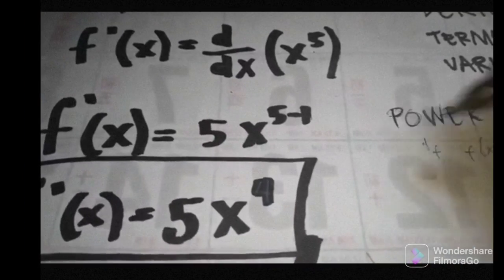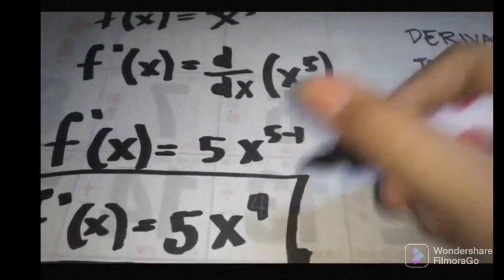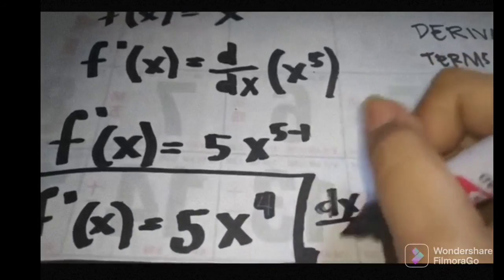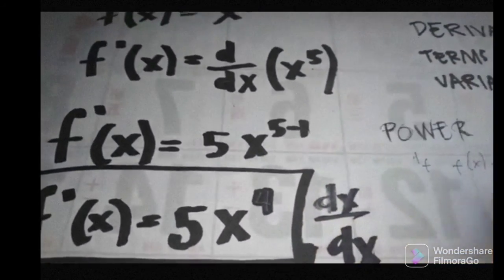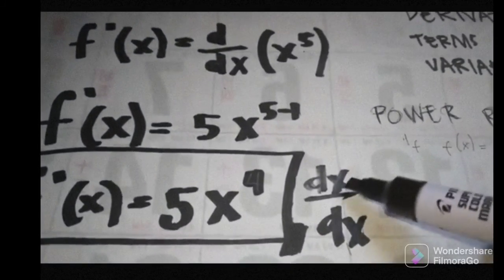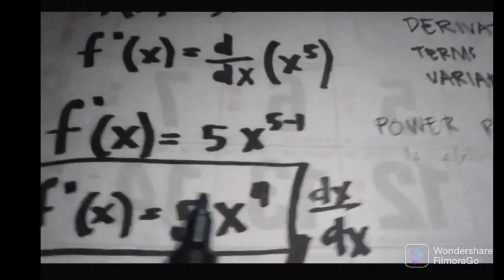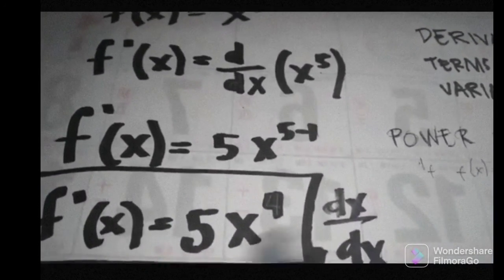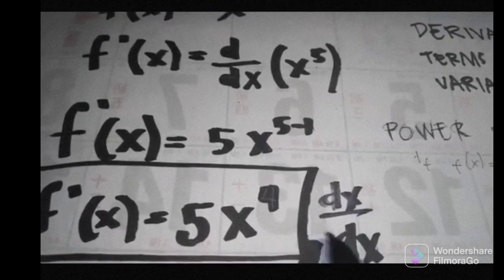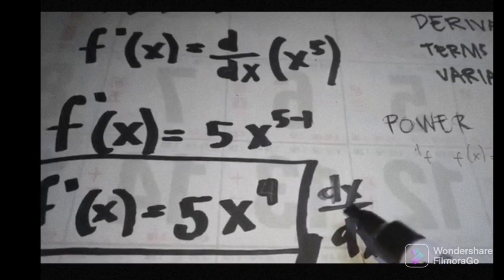To see that you may also write here dx over dx. But pwede ring wala na kasi dx over dx is equals to 1. So, pwede ring the answer would be f prime of x is equals to 5x to the power of 4 dx over dx.